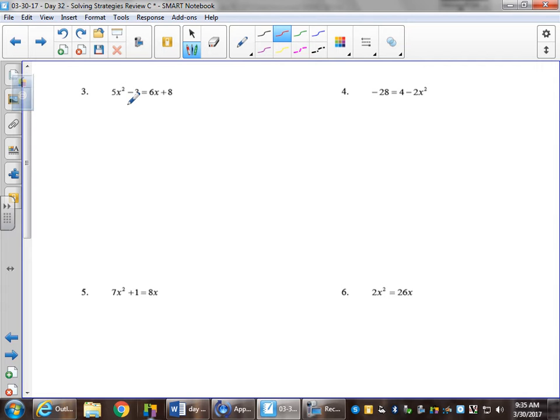Yeah, we do. So what are our other two choices? We can factor or use the quadratic formula. What do you want to choose? Okay, let's do quadratic formula.